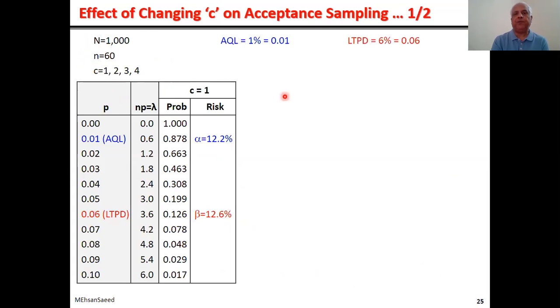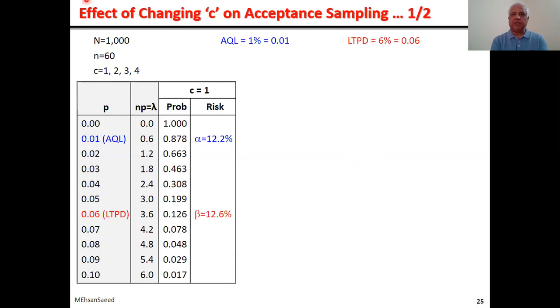So the next table would be for c is equal to 2, 3, and 4. Before I present that, let me go back to the Poisson tables because this will be easy to consult. We will enter the Poisson tables at 0.6 and c under c is equal to 1. What is the value? Under 2, 3, and 4.